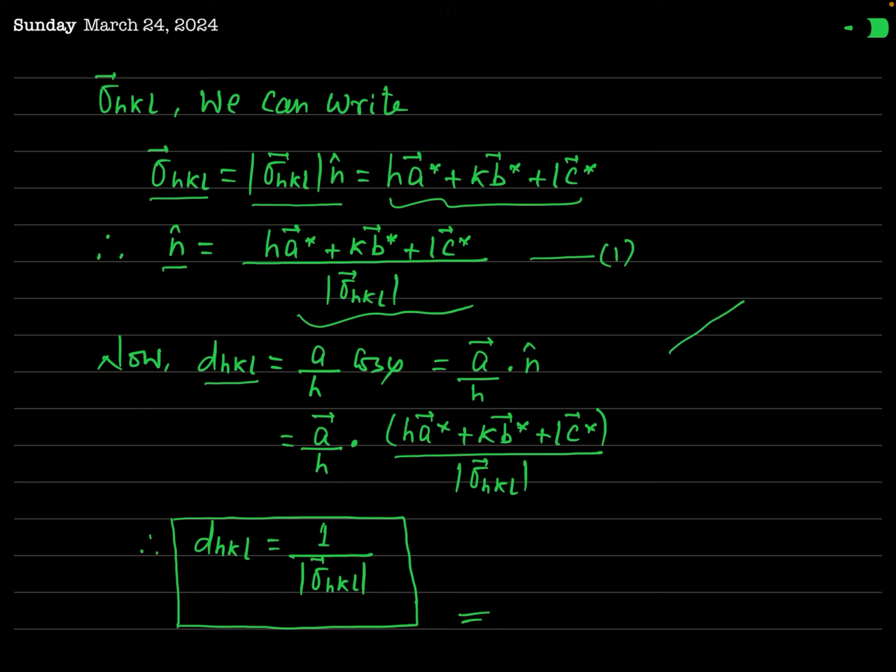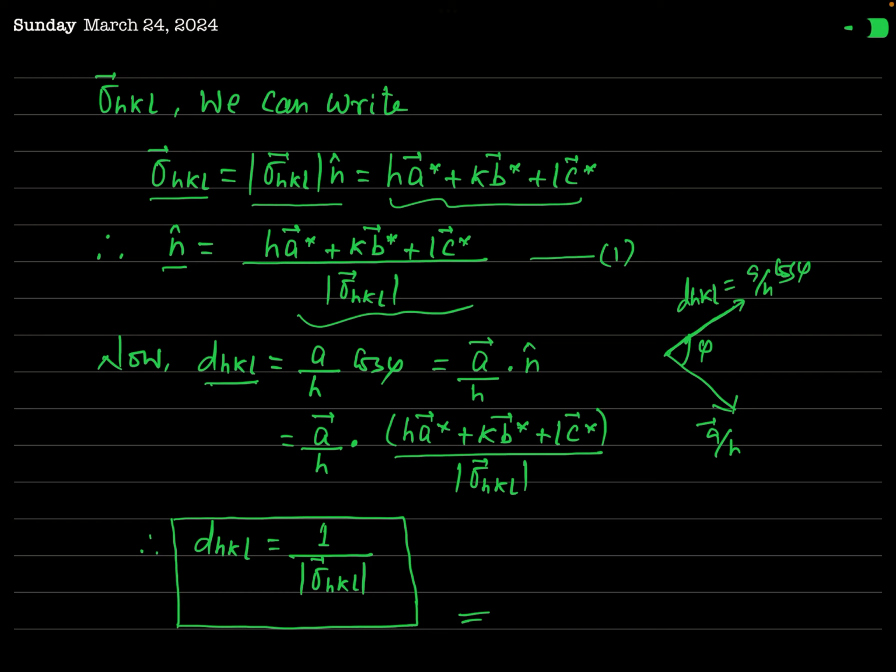Actually, this d_hkl is simply the projection of the vector a by h along this normal direction. So if this angle is phi, then the projection of a over h along this direction, which is d_hkl, is equal to a by h times cos phi.